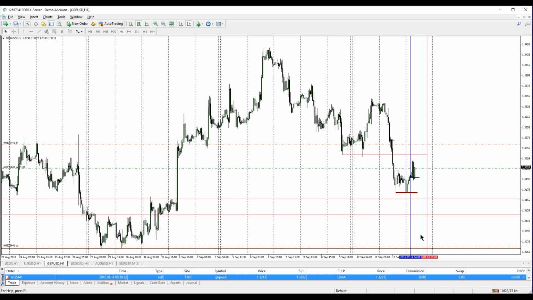The problem is we have a really sloppy price swing in here. That opens up a little bit more risk than typical.